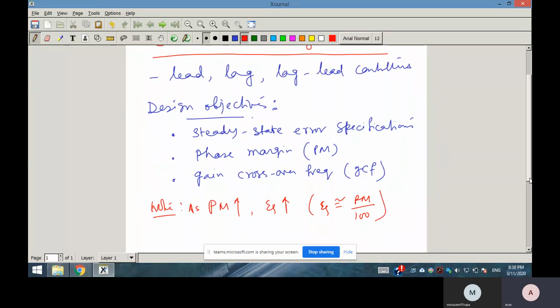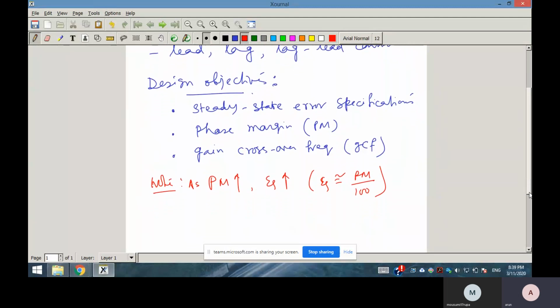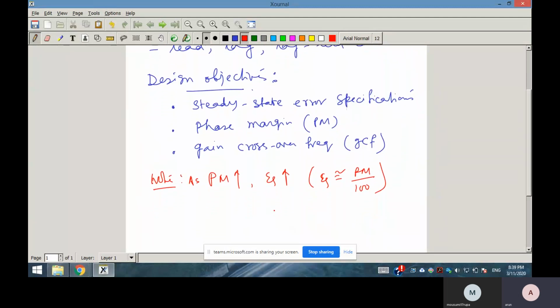So this is the relation. I think this relation Professor Sauropatra has already derived, at least for a second order system. Zeta is approximately phase margin in degrees divided by 100. And as gain cross-over frequency increases, rise time decreases, that means the system becomes faster.